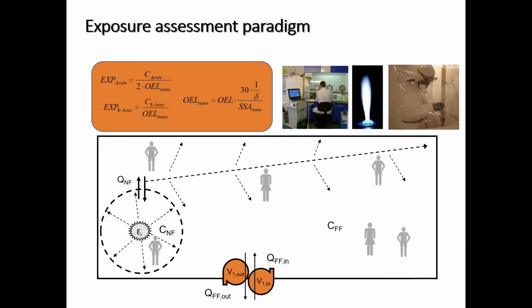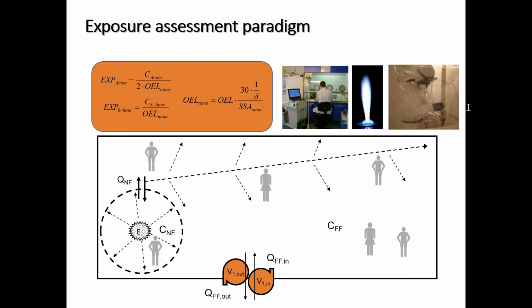The exposure assessment is conducted doing a two-box modeling based on the input parameters, and we consider in the exposure assessment whether you are in the near field, so close to the source, or in the far field, further away from the source. So the calculation of the exposure takes acute exposure and daily exposure into account.